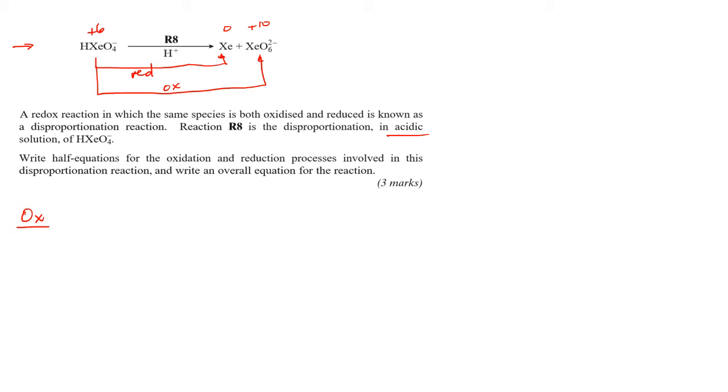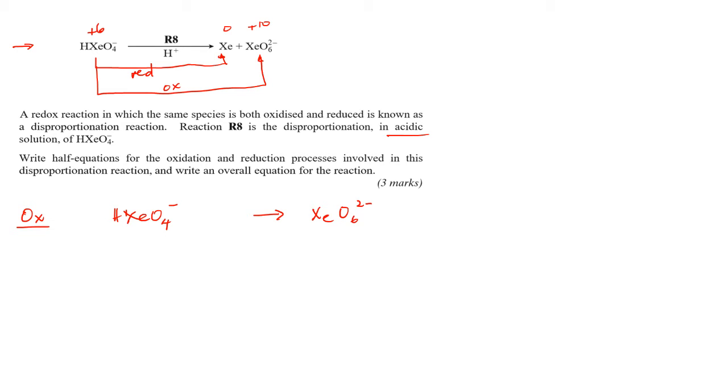All right, what we do is write the HXeO4 1- on the left. It's the reactant, of course. Leave some space. It's a disproportionation reaction, so you don't really need much space. Then in the oxidation reaction, the product is XeO6 4-, like that.